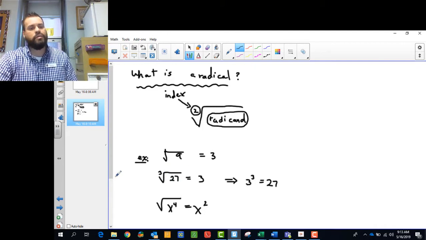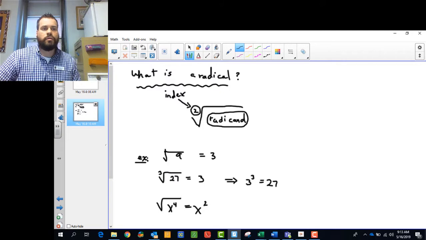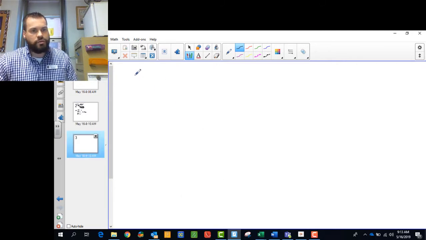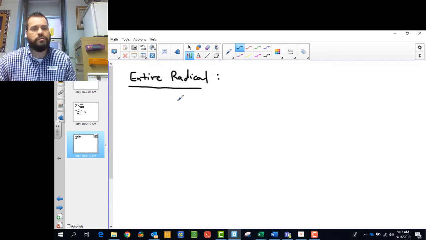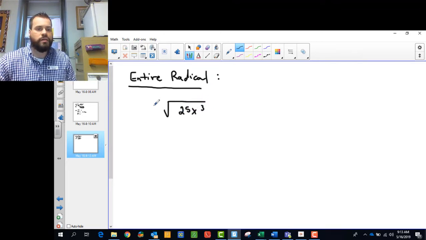Okay, now there are two types of radicals that we're going to talk about. The first is an entire radical. And an entire radical is everything underneath the root sign. So an entire radical is something like the square root of 25x cubed. Okay, that would be an entire radical.